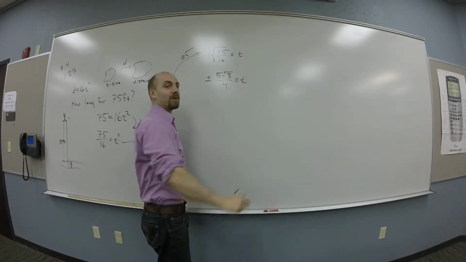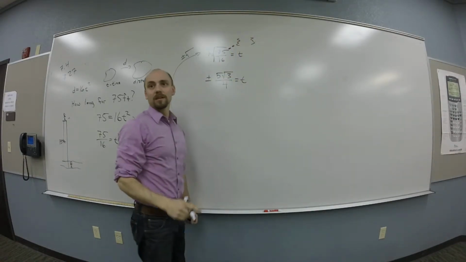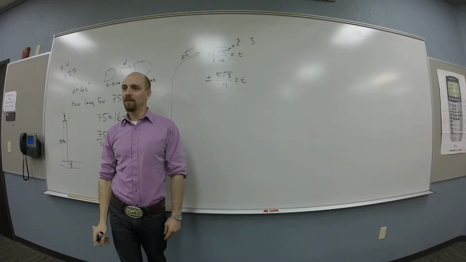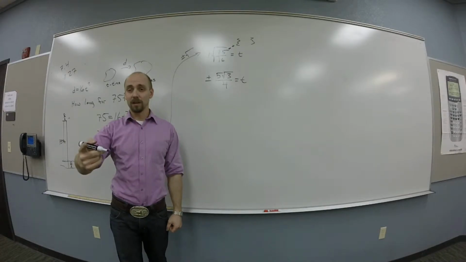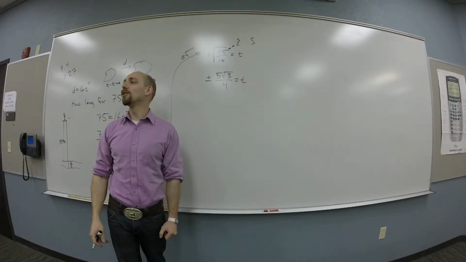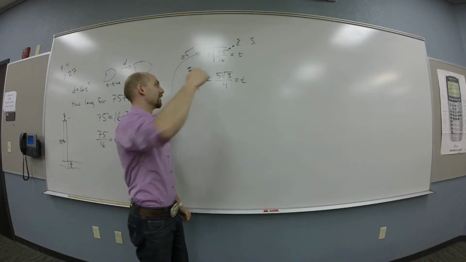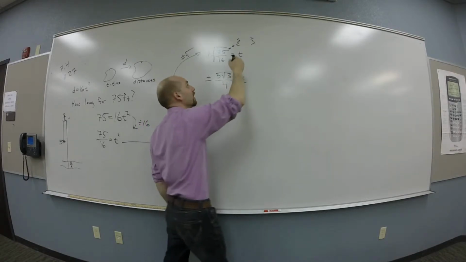So when we see 75, what's 75 made out of? 75 is 25 times 3. I know the square root of 25. It's 5. I don't know the square root of 3, so I just write the square root of 3.